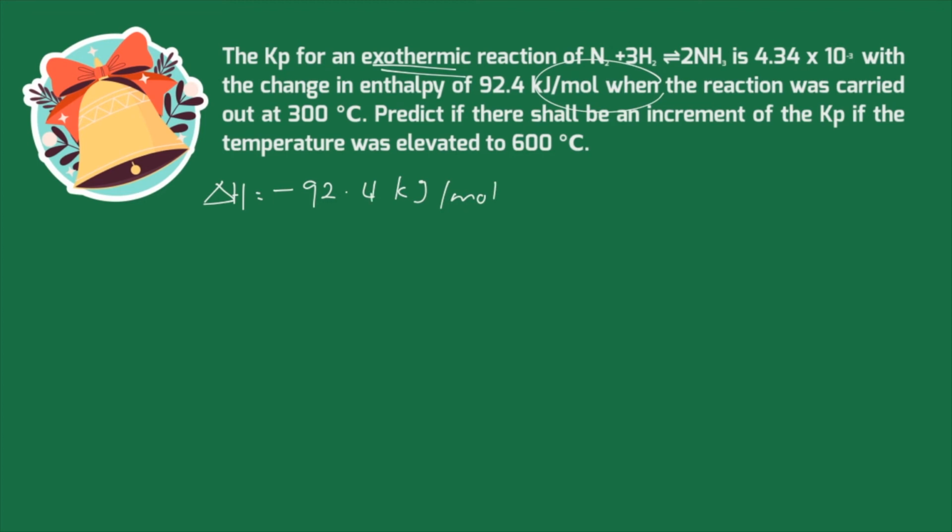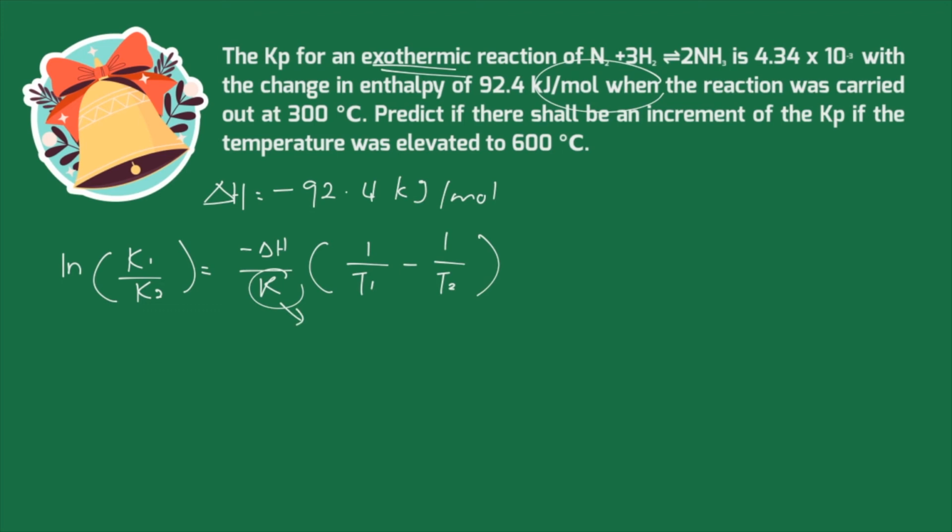Alright. So another thing that you need to know is what type of formula you need to use to answer this question. So the best formula is ln K1 over K2 is equivalent to negative delta H divided by R times 1 over T1 minus 1 over T2. Right. So the next thing that you need to look at is the value of R. So the value of R is 8.314 joule per Kelvin per mole.